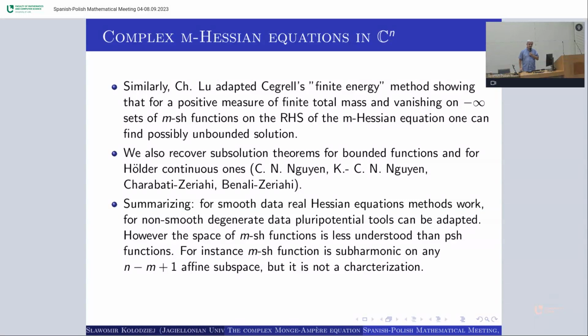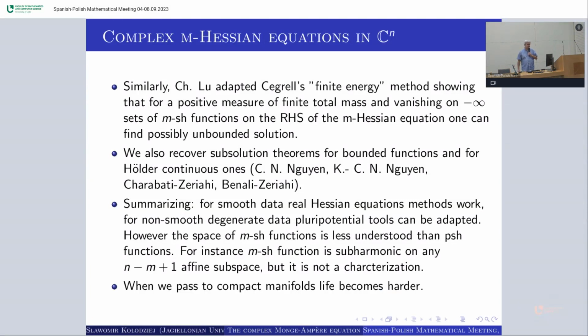They are much less understood than plurisubharmonic functions. For instance, just by definition, a plurisubharmonic function is a function which is subharmonic on any complex line. And here, in the last sentence, you see that we know that the m-subharmonic function is subharmonic on n minus m plus 1 affine subspaces, but this is not an if and only if condition.